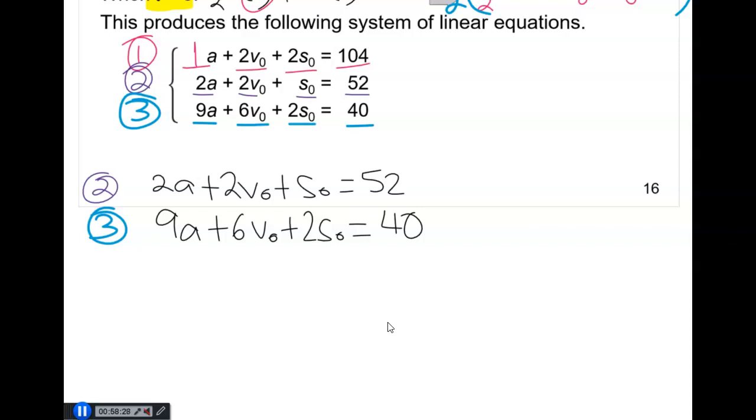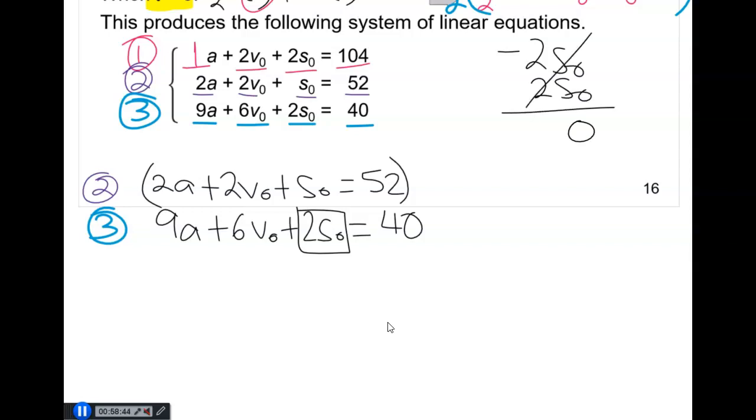I want to cancel s sub 0. So you can see that I have positive 2 s sub 0. And what I want to have is negative 2 s sub 0 and positive 2 s sub 0 so that I can cancel them out. That's my goal. So the way I'm going to get that done is by multiplying the equation number 2 by 2.